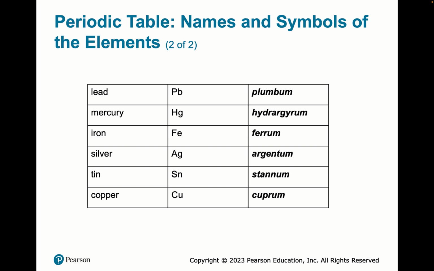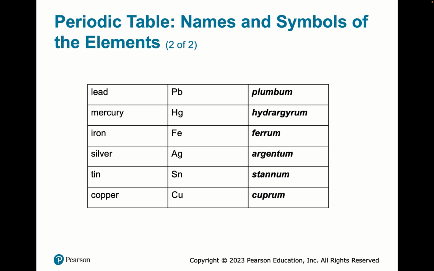For instance, in Spanish, silver is plata, and that has nothing to do with argentum. Although they found a big silver deposit in South America, and they named that area Argentina based off of that huge supply of silver. So there is some naming from that.